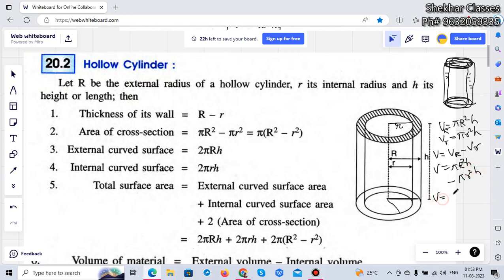What is the volume left over? You can take pi common, h common, so it is R square minus r square. So this is what is given here.